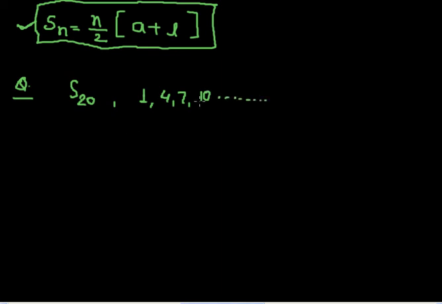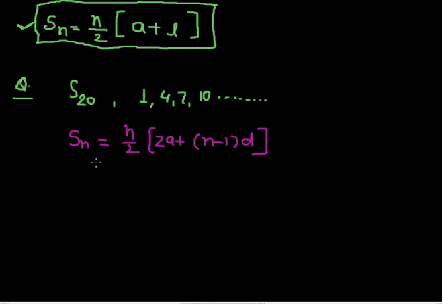Now see, here we don't have the last term. When we don't have the last term, we use the formula for the sum of n terms, which is Sn is equal to n by 2 into (2a plus (n minus 1) whole multiplied by d).